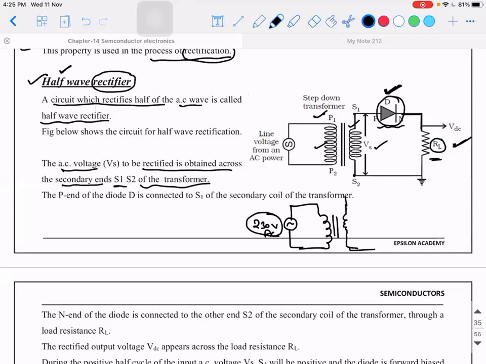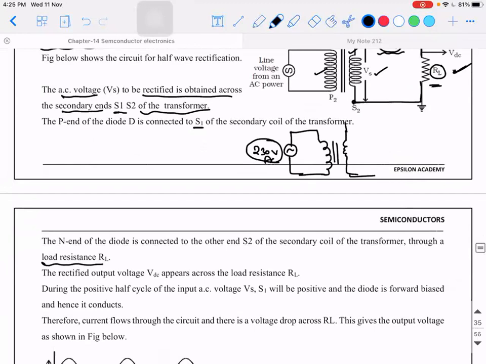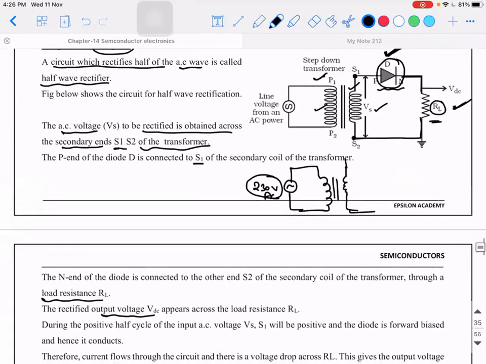The P end of the diode is connected to S1 of the secondary coil of the transformer, and the N end is connected to the point S2 through a load resistance RL. So the rectified output voltage VDC appears across the load resistance RL.